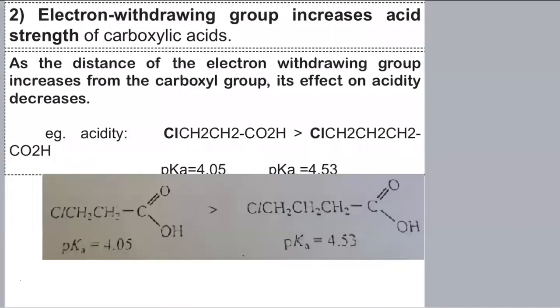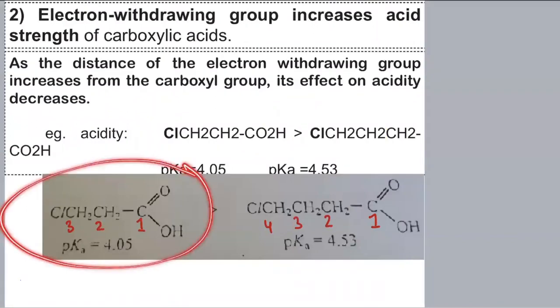If I number them, this will be carbon 1, carbon 2, carbon 3. Don't forget to include the carbon of your COOH as number 1. Students tend to forget that. Carbon 1, 2, 3, 4. So you can see that on the molecule on the left, your chlorine sits on the 3rd carbon. On the molecule on the right, your chlorine sits on the 4th carbon.